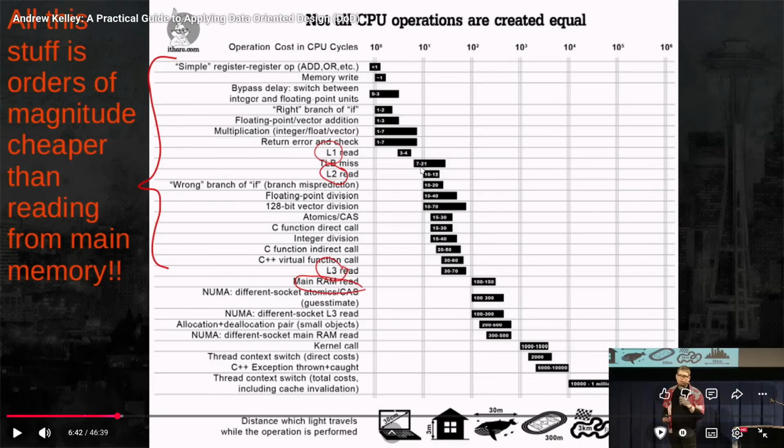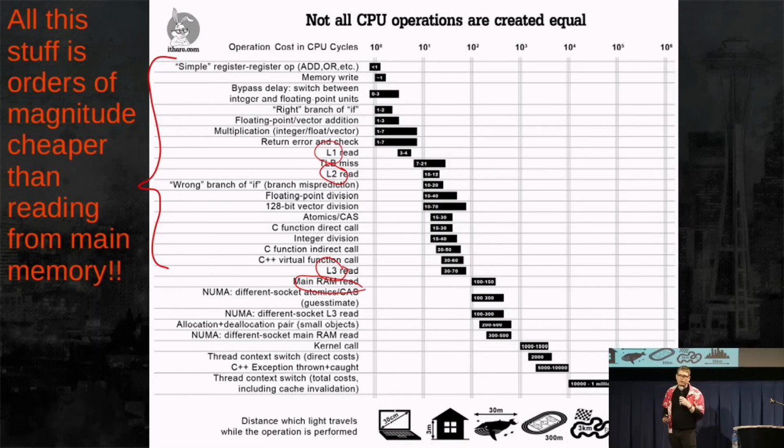That is the amount of time it takes. So if you have a lot of different pointers in your code, that's going to be very slow compared to, say, a register operation, which can be instruction level parallelized. That is what that means.